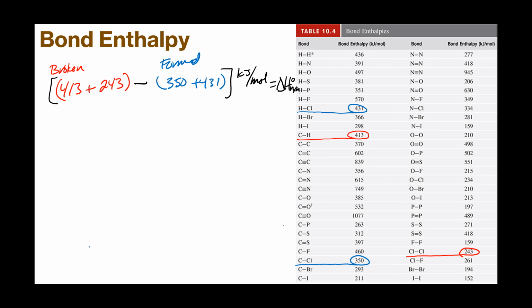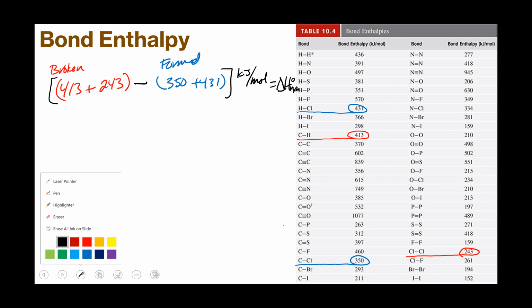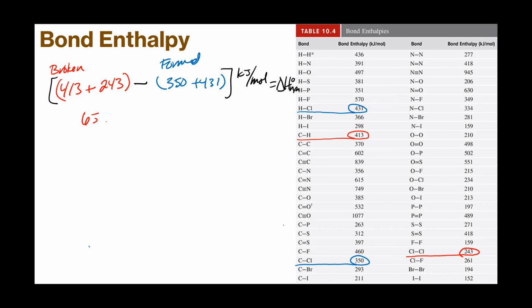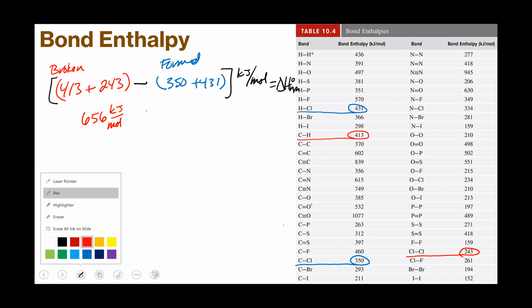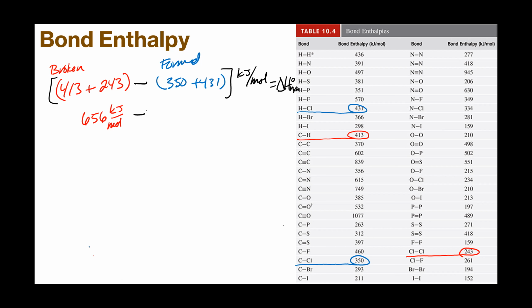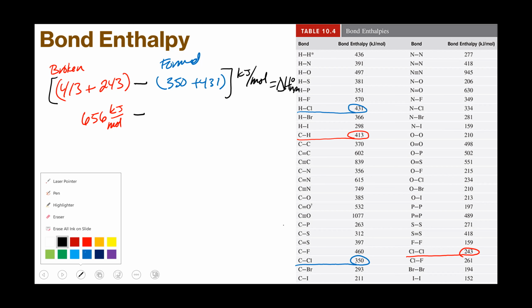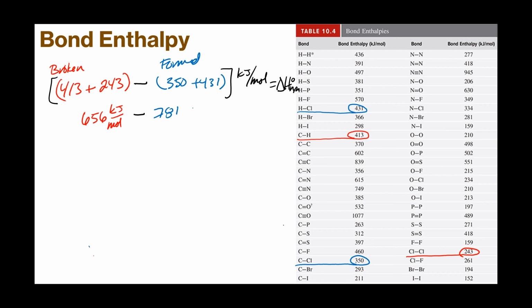So calculator time. 413 plus 243 is 656 kilojoules per mole. And we're going to subtract from that the formed stuff, 350 plus 431, which is 781 kilojoules per mole.